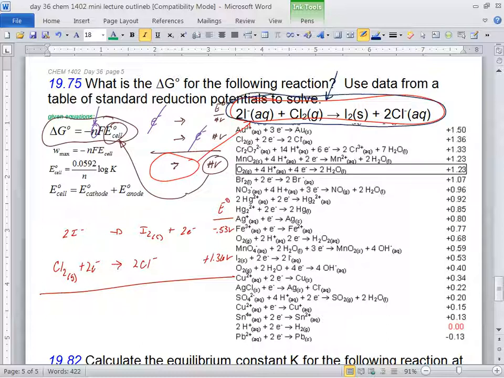Making sure I minus is on the reactant side, making sure Cl2 is on the reactant side, and finding their half reactions. And if I have to flip that half reaction, I better change the sign.